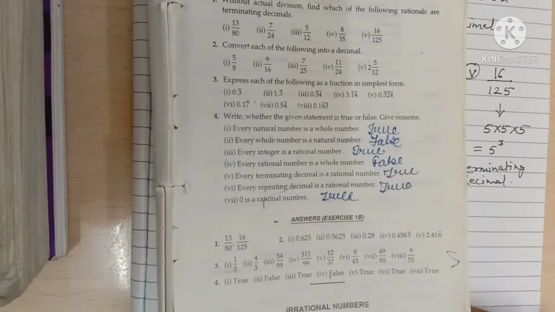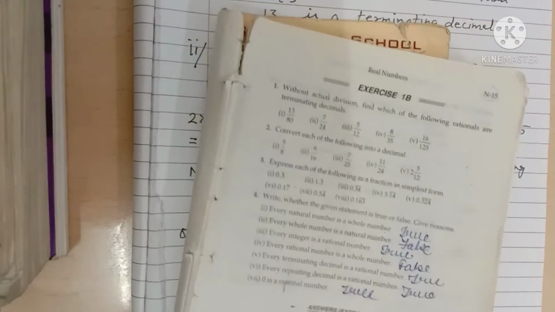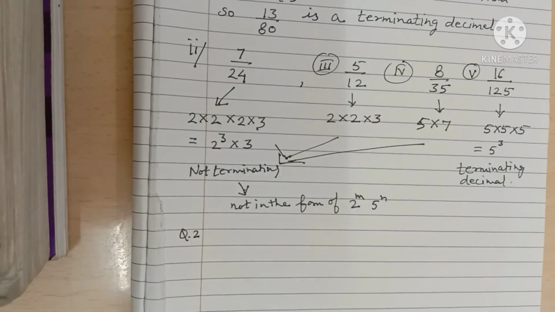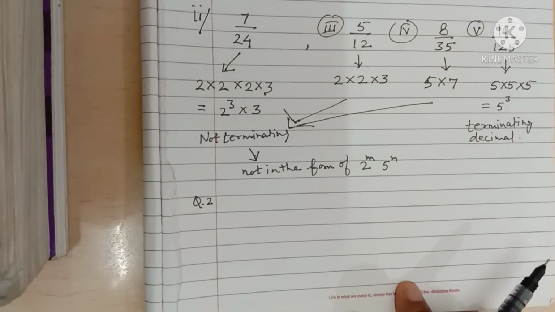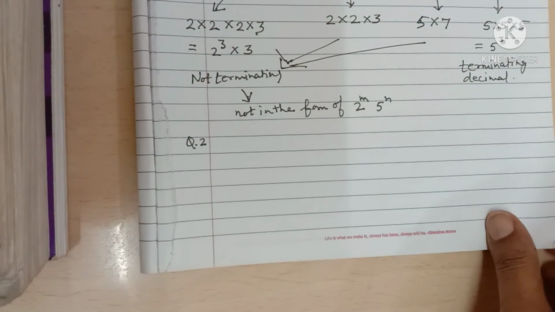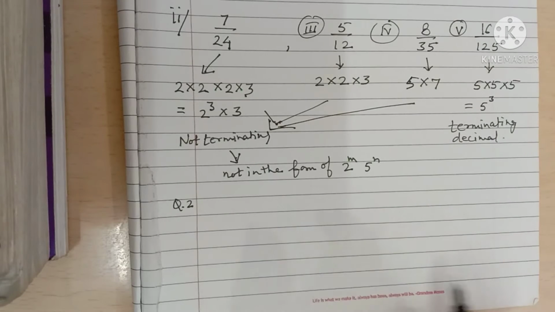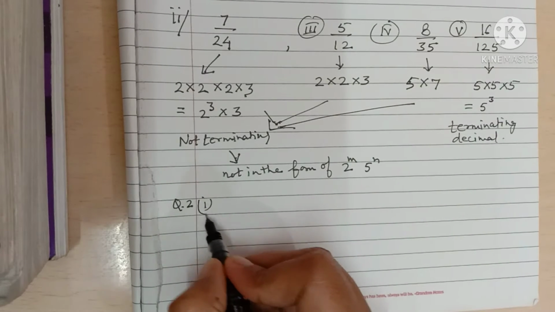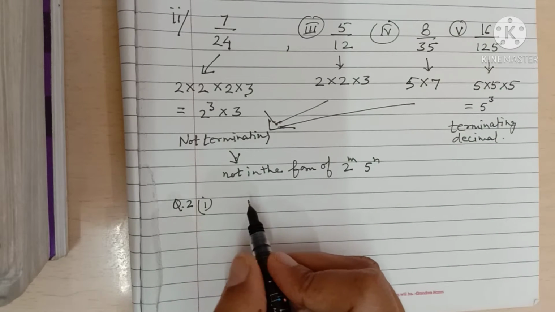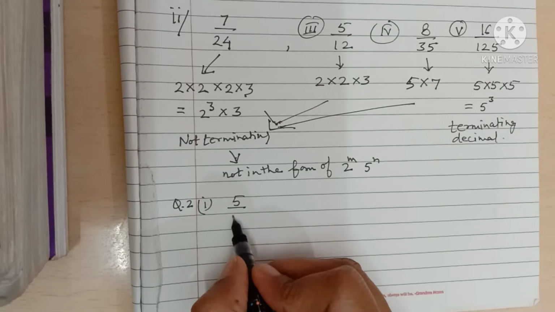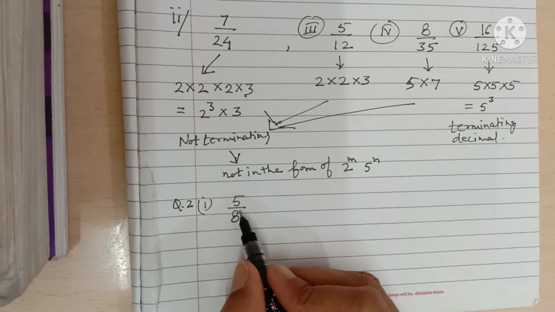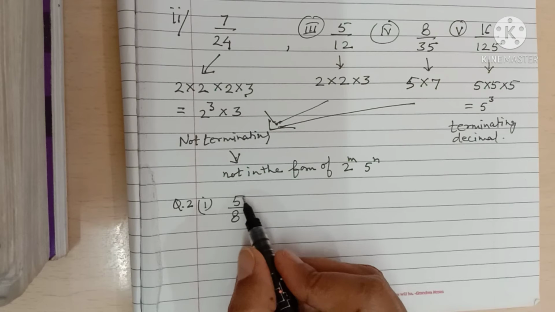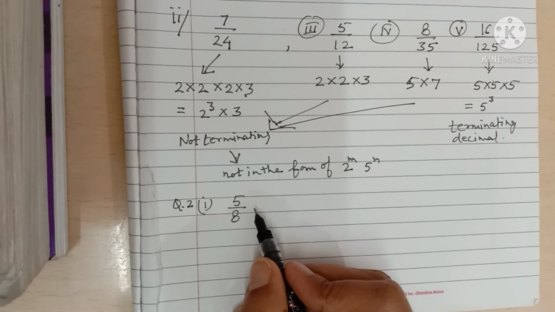So we will solve it just now. Part 1 is 5/8. We have to convert this rational number into decimal form.